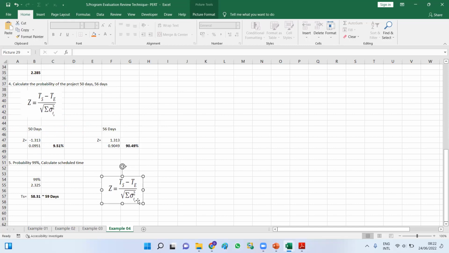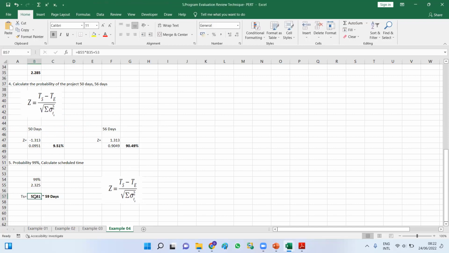Therefore, you can substitute all these values into this equation and solve for it. The Z value is 2.325. You multiply it by the standard deviation of the project, 2.285. Then you add the total expected time of 53. After adding, you get the total scheduled time of 58.31.